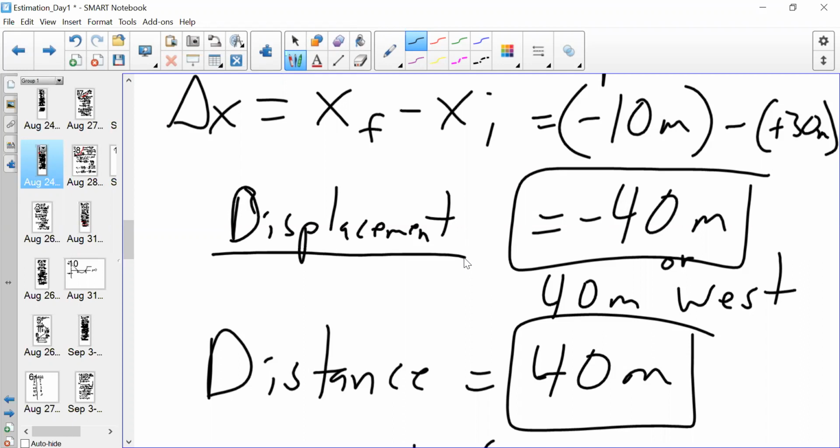That will become clearer as we do more practice problems and see more concepts of physics, because we're starting with our definition of displacement, the final minus initial position. We're going to see that in future physics, when we're talking about the difference in momentum, change in momentum, final momentum minus initial momentum.